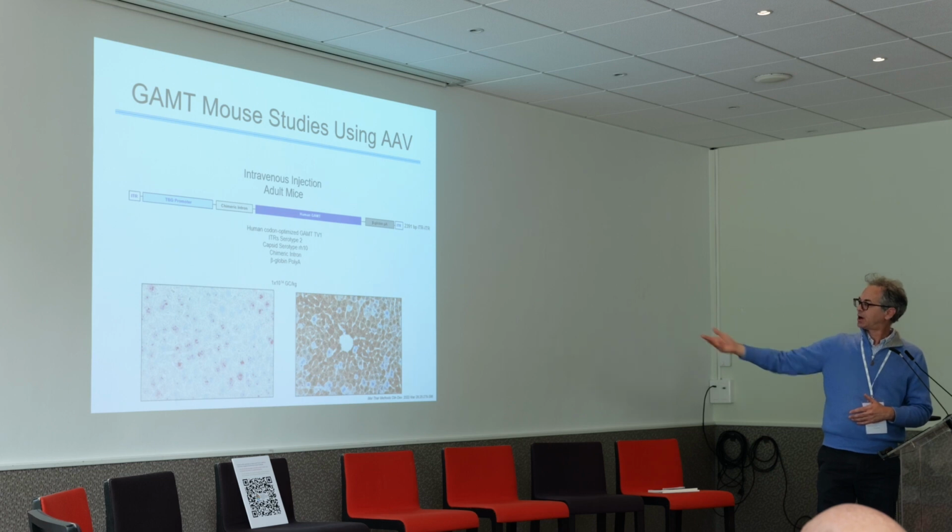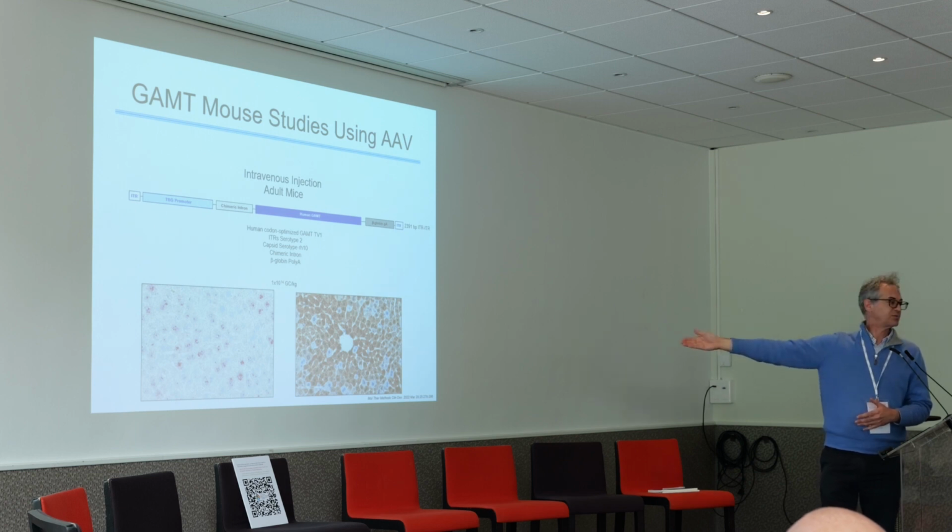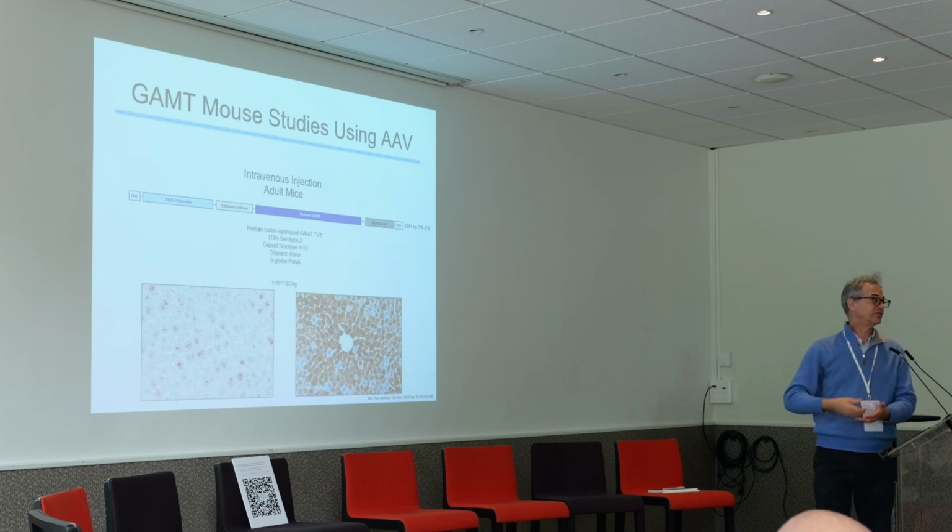And what you can see here is probably roughly about 90% of the cells are now expressing the protein from a single injection of this viral vector when this mouse was euthanized 1 month after the injection. So with this dose of virus, 1 × 10^14 genome copies per kilogram, we really transduce, or have expression within, a very large number of liver cells.